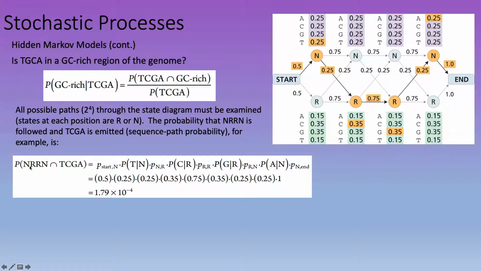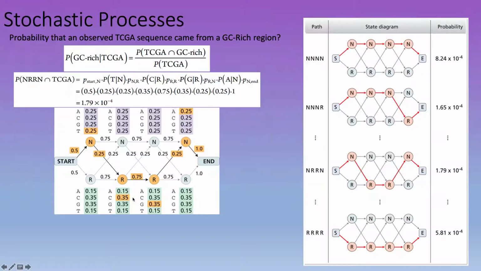So the probability, in other words, that I am going through a normal, rich, normal region intersecting with this specific sequence is 1.799 times 10 to the fourth. Now, if I actually want to figure out the probability of observing TCGA coming from a GC-rich region, I have to look at a lot of other paths.